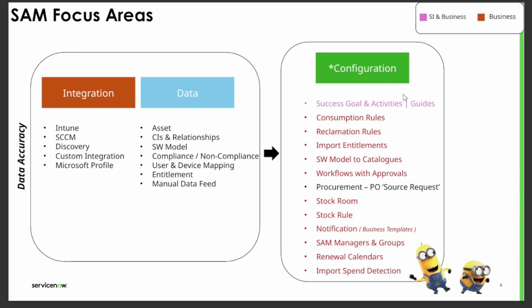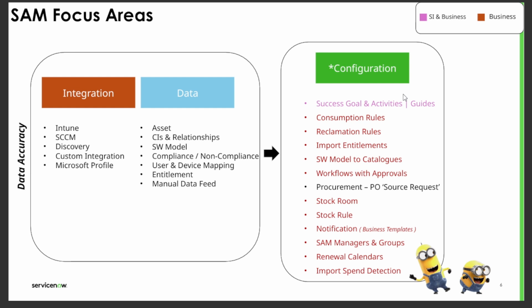Most of the items are handled with your scheduled jobs. If you go to your system definition and check the scheduled jobs, in the name you try star SAM and hit enter. It will show all the SAM-related scheduled jobs. Most of the items run based on your SAM scheduled jobs.